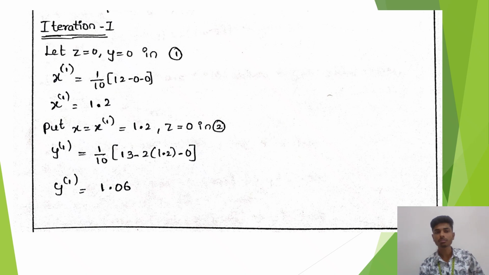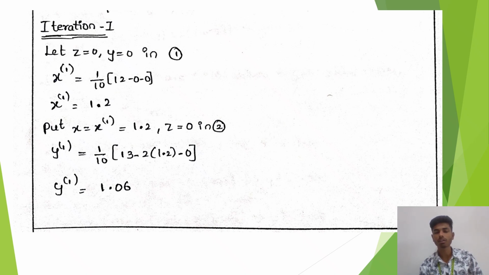By doing iteration number 1, let us take the values z is equal to 0 and y is equal to 0 and substitute in equation 1. Then we get x1 is equal to 1 by 10 into 12 minus 0 minus 0, so x1 is equal to 1.2. Put x is equal to x1 and z is equal to 0 in equation 2.